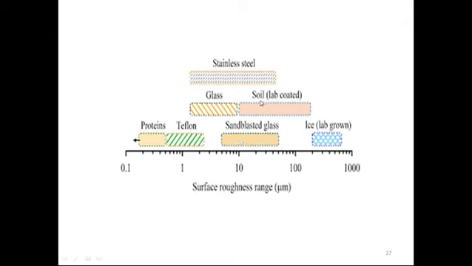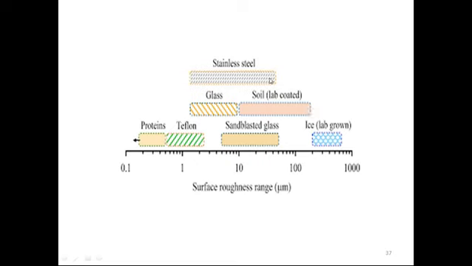If we consider the soil lap coated, the micrometer range can fall under 10 to more than 100 micrometer. It starts from 10 micrometer and can fall slightly more than 100 micrometer.